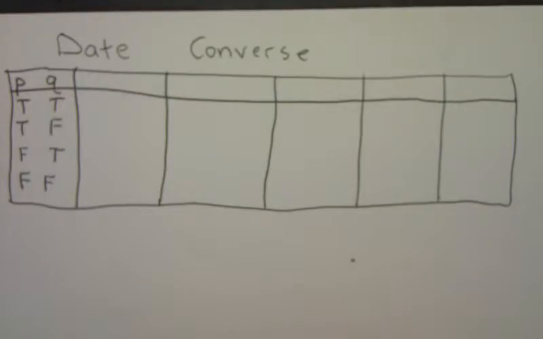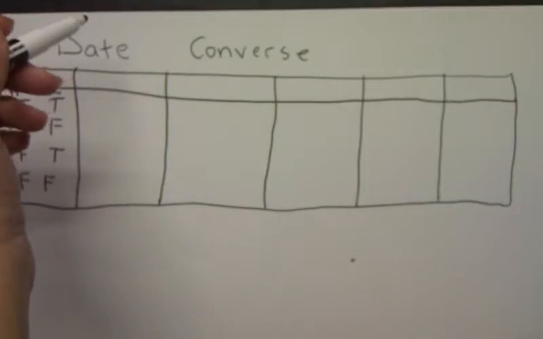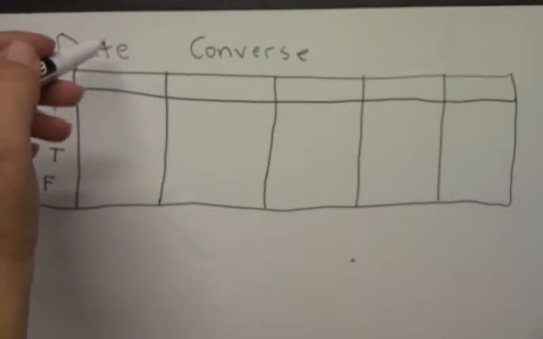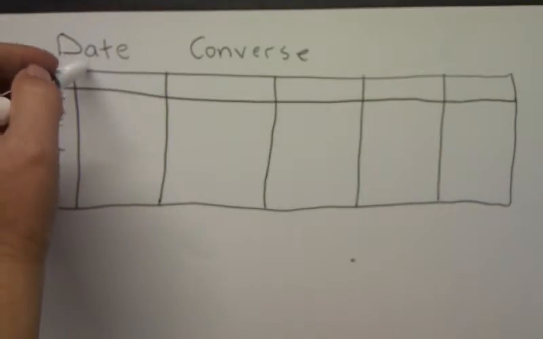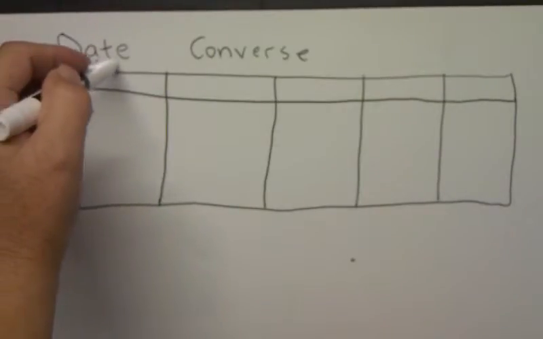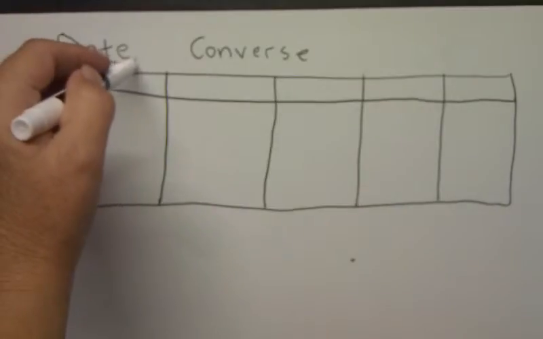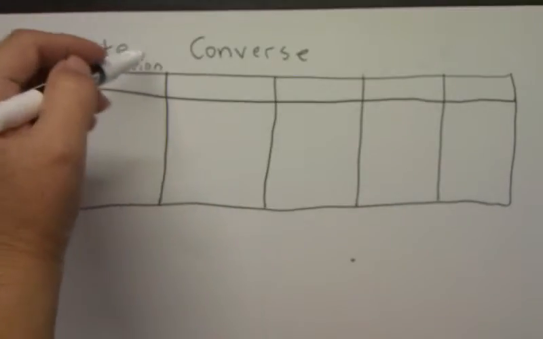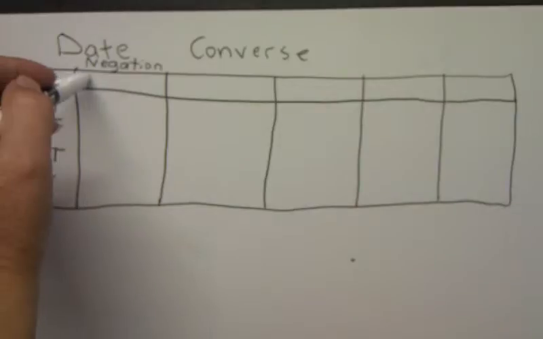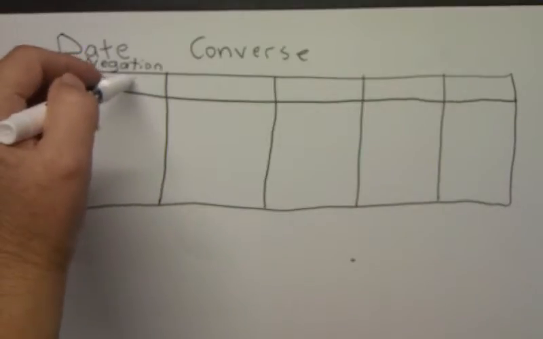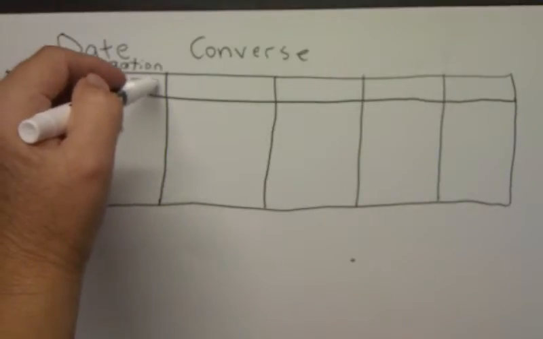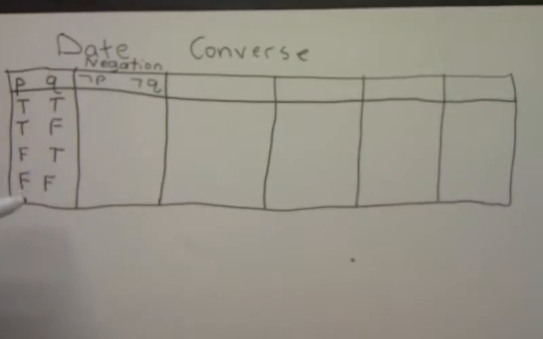So here we go. First thing we're going to talk about, we talked about negation. Negation says not P, not Q. That means that if it's true, we change it to false.